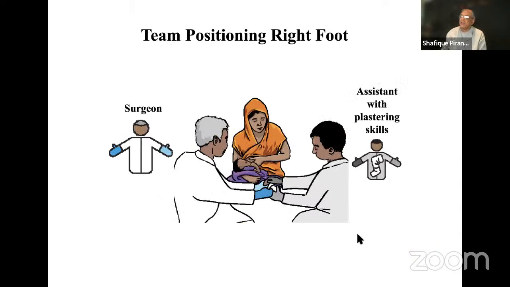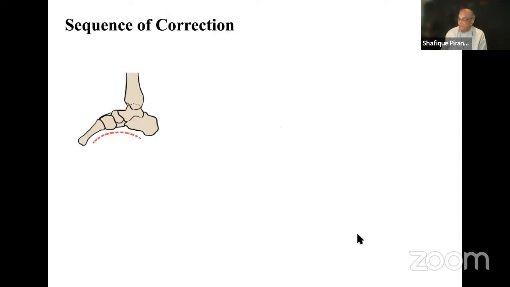So how do I do it? Well, I like to sit. Everybody sits down, and it's always the manipulator, which is usually the surgeon, the assistant with plastering skills, two people who know what they're doing, and then the mother is there with the baby on the mother's lap, not on the couch. I prefer to have the baby on the mother's lap, and if possible, have the mother either feeding from a bottle or breastfeeding.